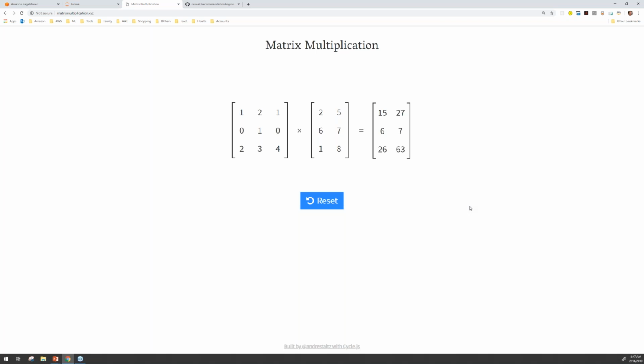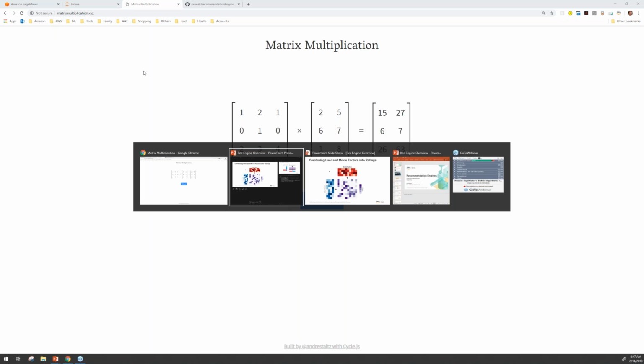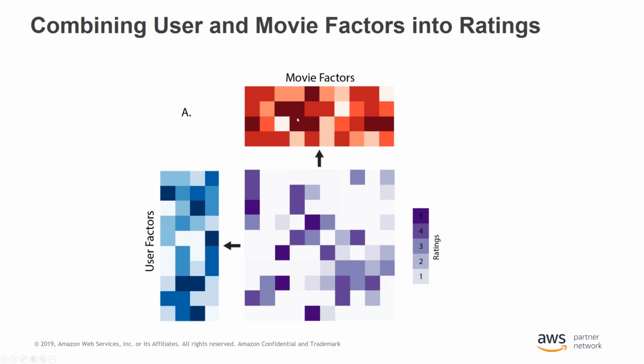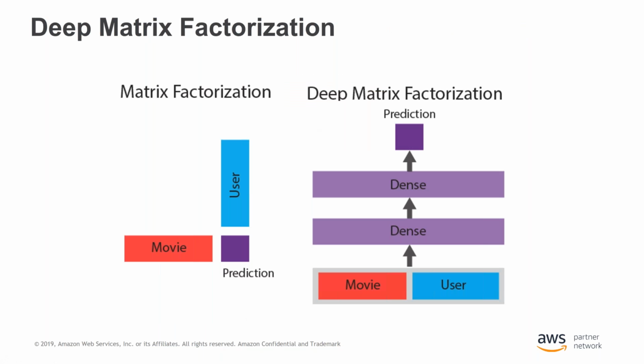So when we're talking about a dot product or a matrix multiplication, we're not really talking about some kind of arcane math. It's just as simple as what you saw on the screen right there. All right, so this is basic matrix factorization. You take your movie factors, you take your user factors, put them together, and you get a prediction.